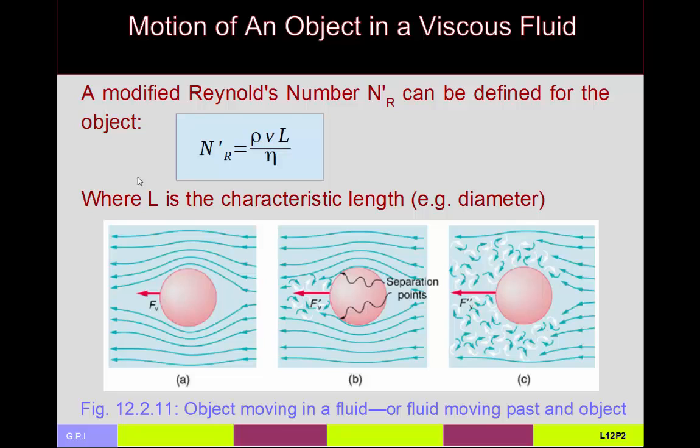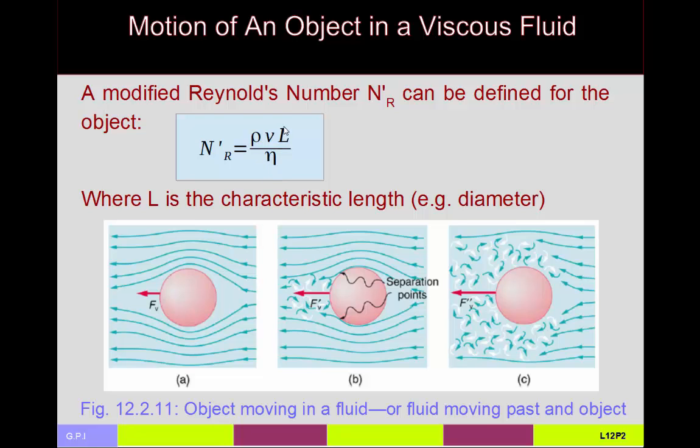What we use is a modified version of the Reynolds number, sometimes denoted N prime. It is determined as rho, the density of the fluid, times V, the relative speed between fluid and object, times L, divided by eta.